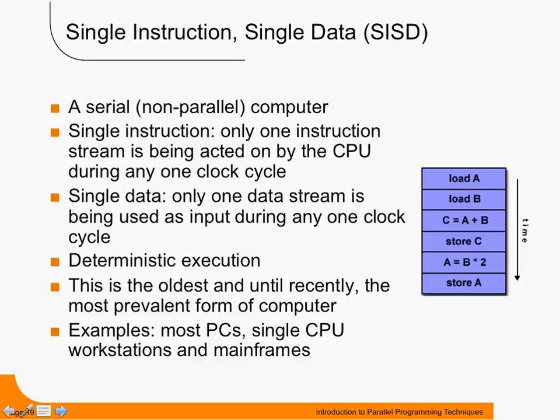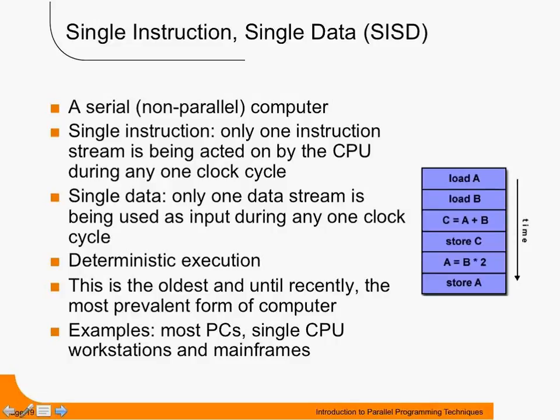So, single instruction, single data. What is a single instruction? It means only one instruction is passed to the processor, and you have only one value to operate on for that instruction. So you load the data A, then load the data B, operate the A plus B instruction, and then store the value.